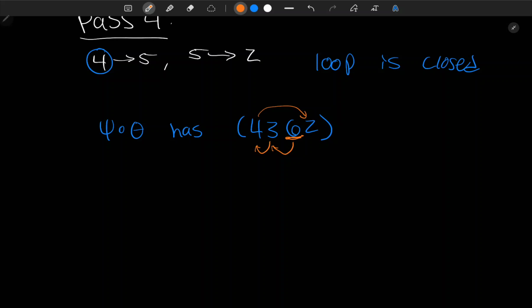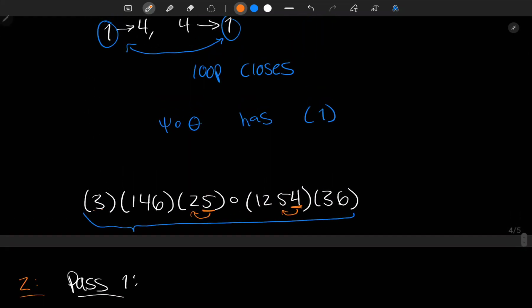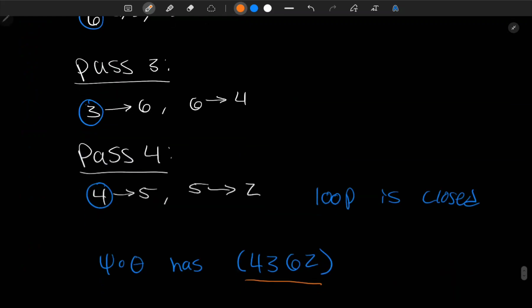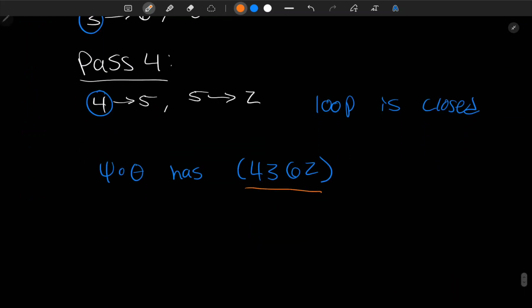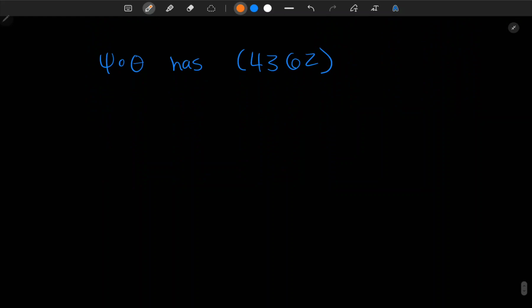So we just don't have to consider 6 because it's already a part of this cycle. And what we'll get out of it is just this same cycle again. So we only have to consider the numbers not in this cycle and not in the previous cycle. So the previous cycle had 1, and this has 2, 3, 4, and 6. So the only number remaining is 5.